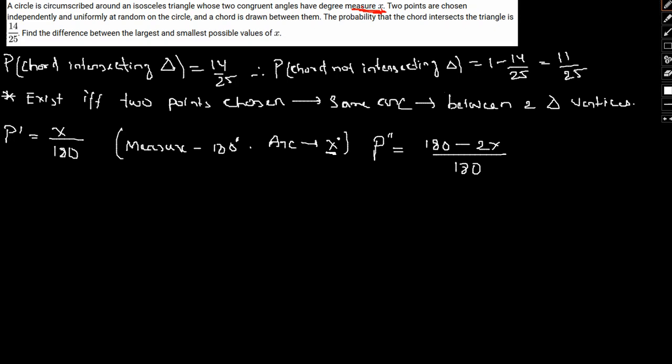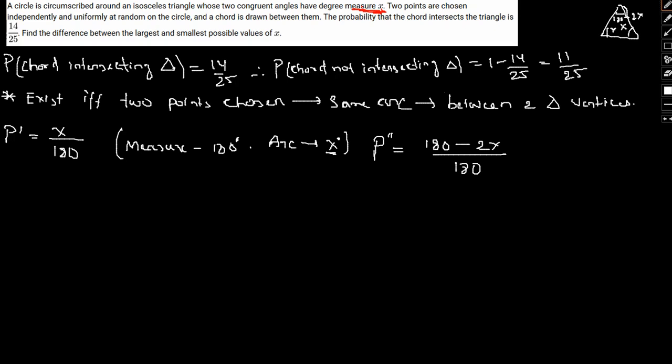This is an isosceles triangle, so one angle being x, the other angle will also be x. Let me give you a diagram: this is x, this is also x, and this is 180 minus 2x. I hope this much is clear.